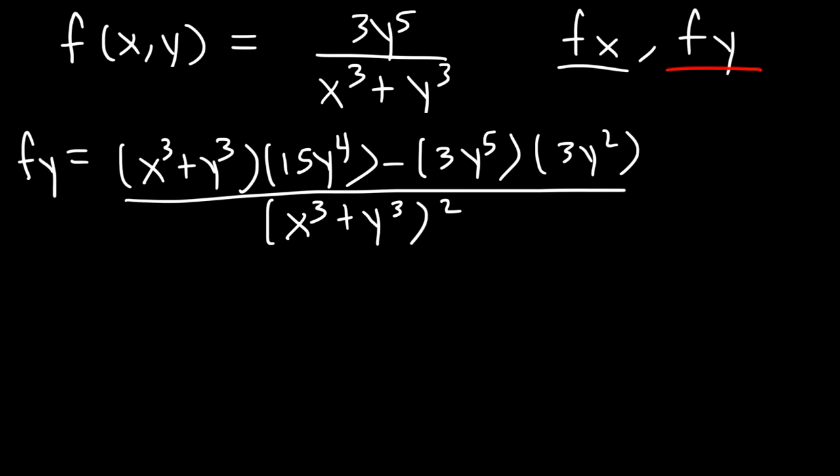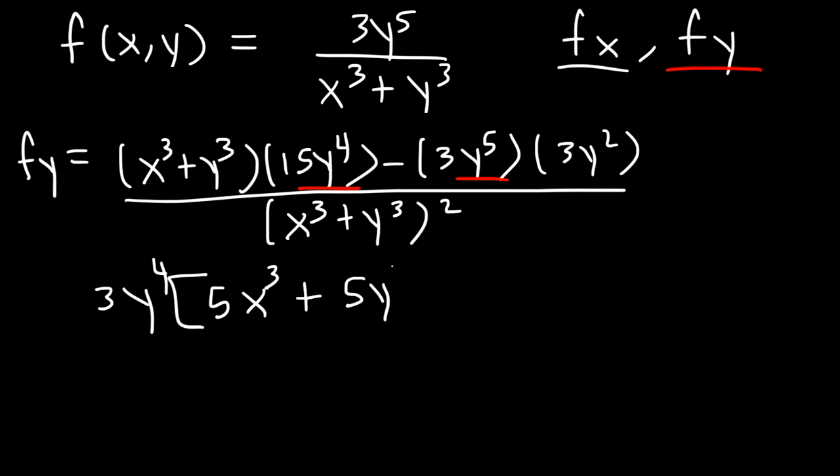So if we want to, we could distribute 15y to the fourth, or we can factor out 3y to the fourth. Let's factor out 3y to the fourth. If we do so, we'll be left with a 5 times x cubed plus y cubed. So that's 5x cubed plus 5y cubed. Now here we took out the 3 and y to the fourth, so we're left over with y.